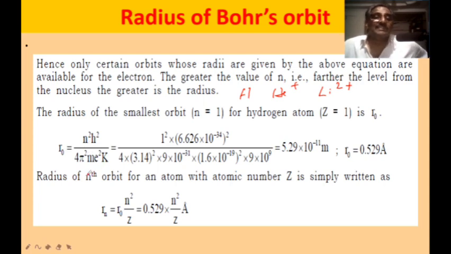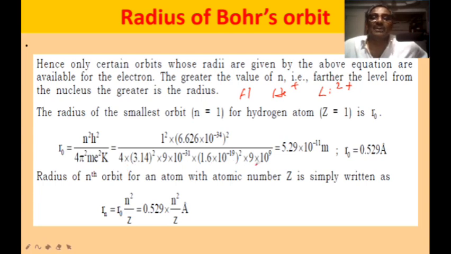If these values are substituted, the values of h, m, e are constant for all the atoms. h is the Planck's constant. It is constant for any species. m is the mass of electron and e is the charge of electron or charge of proton, and k is also constant.